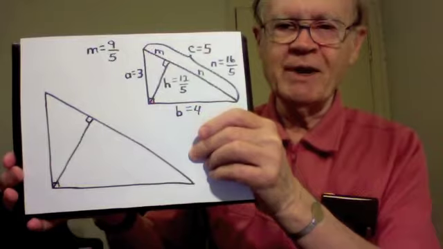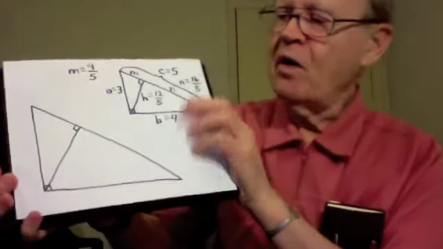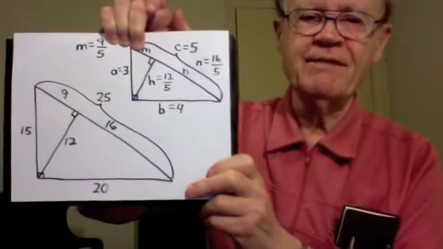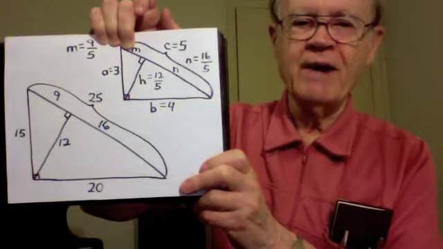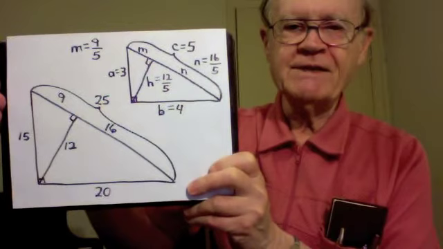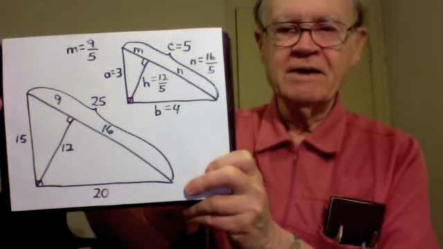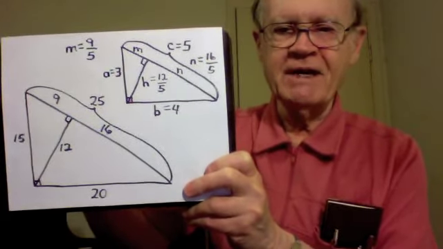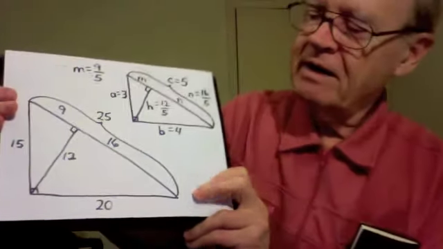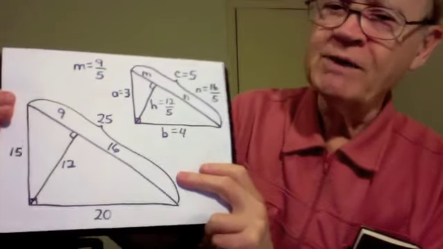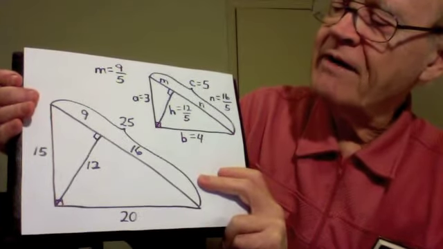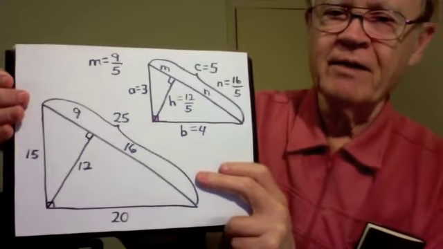Well, to do that, we simply multiply all 6 of these by that denominator 5. 3 times 5 is 15, 4 times 5 is 20, 5 times 5 is 25, 9/5 times 5 is 9, 16/5 times 5 is 16, 12/5 times 5 is 12. And so we have the new numbers, the larger numbers, where all 6 of them are counting numbers: 15, 20, 25, 9, 16, and 12.